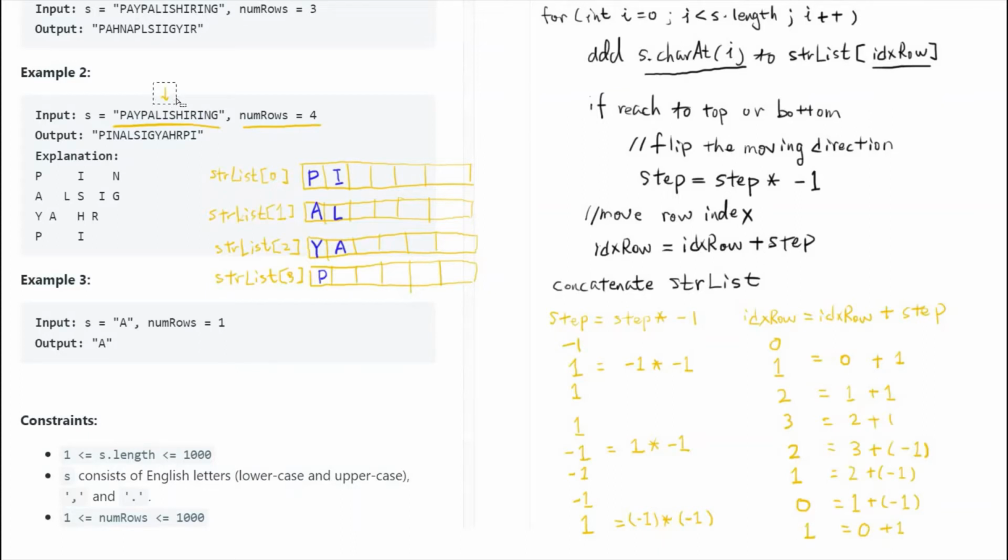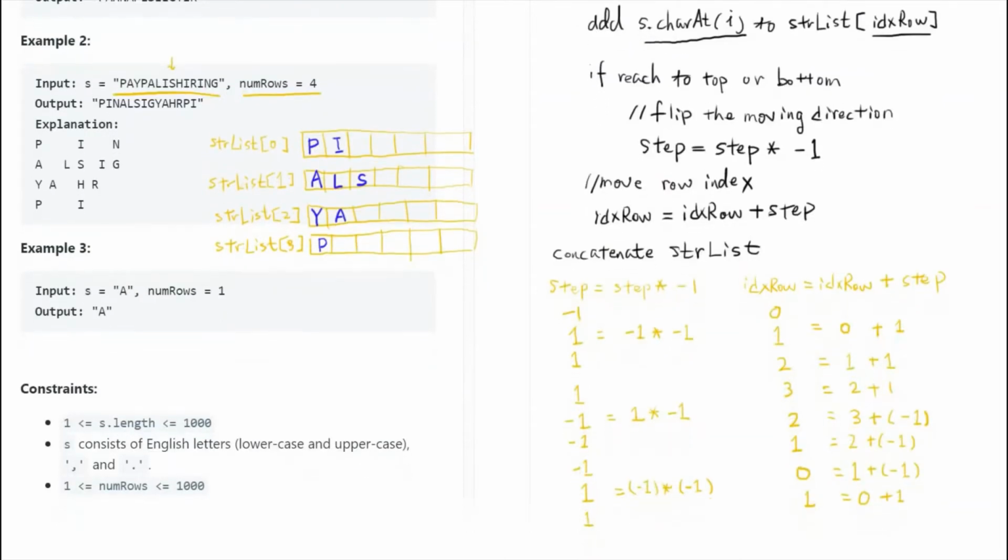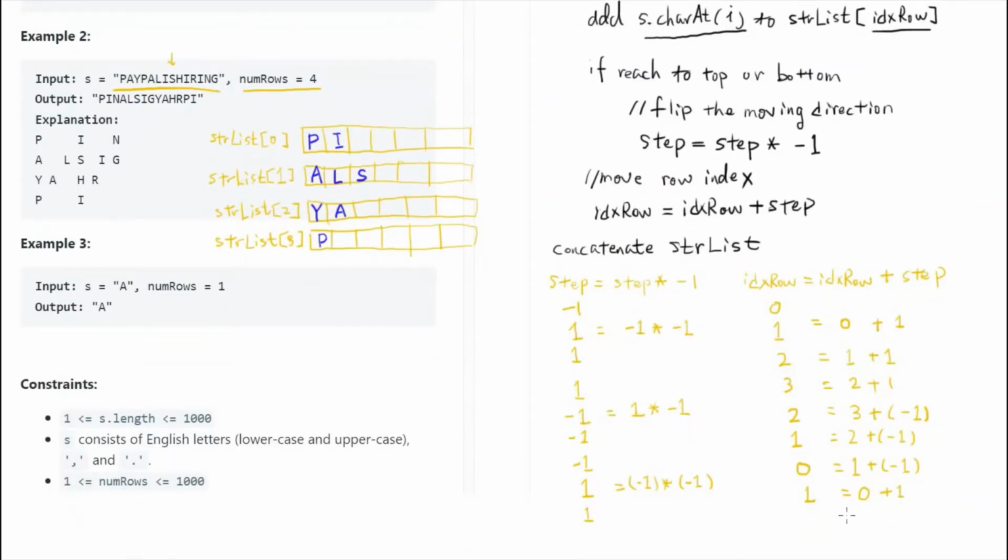We move to the next character, S. We add S to the string list 1. The step remains as 1. And we calculate the row index is equal to 1 plus 1 gives you 2.